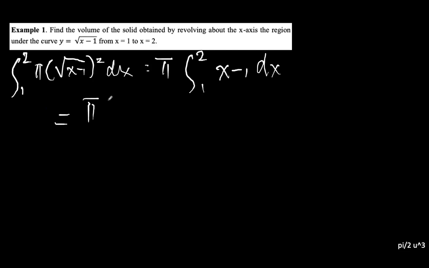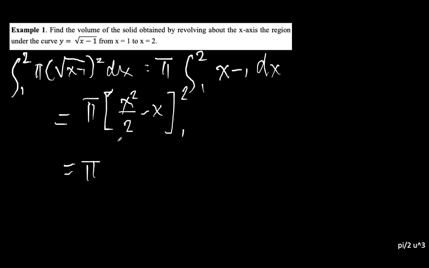So, this is pi. And the integral, we can integrate this. Pag hindi nyo pa ito alam i-integrate, ay nako. So, this is x squared over 2 minus x, evaluated from 1 to 2. Tama ba? Yeah. Okay.